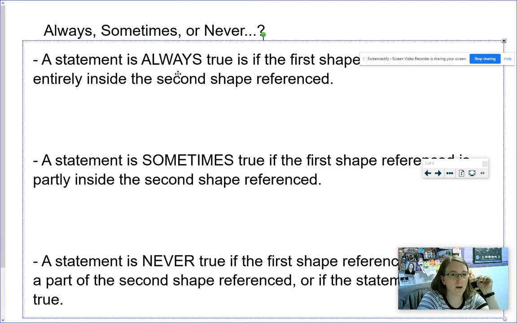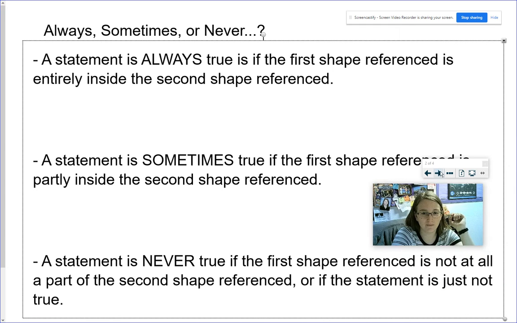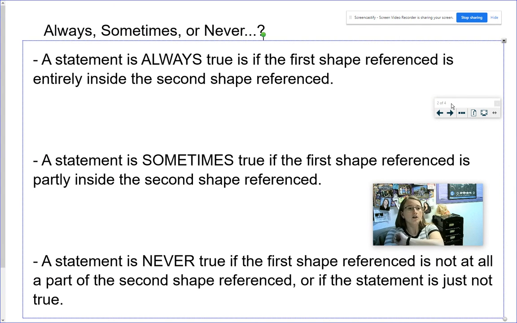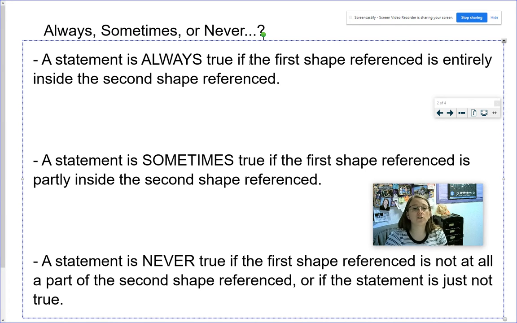So here's how you know, and you might want to copy these down. The question is this: they're going to give you a statement, and we need to say if it's always, sometimes, or never true. A statement is always true if the first shape referenced is entirely inside the second shape referenced.